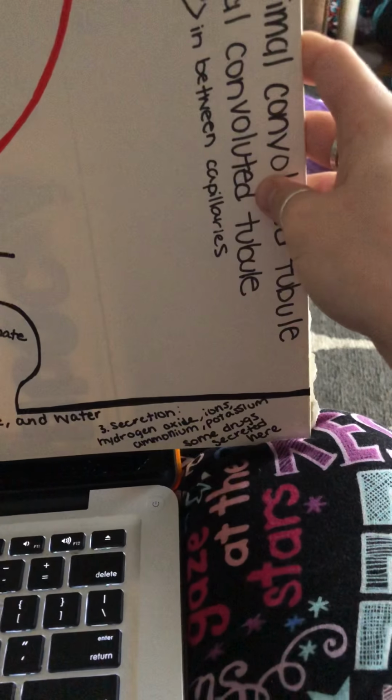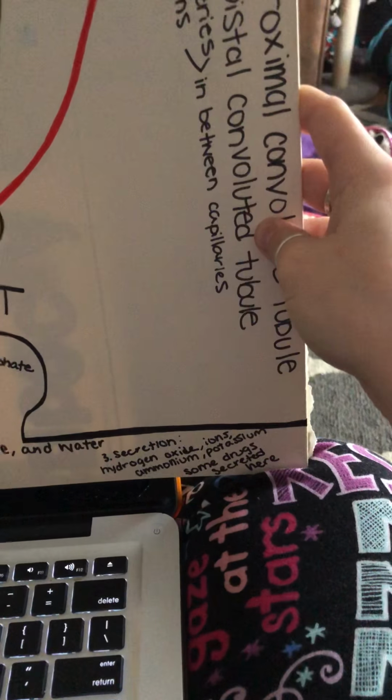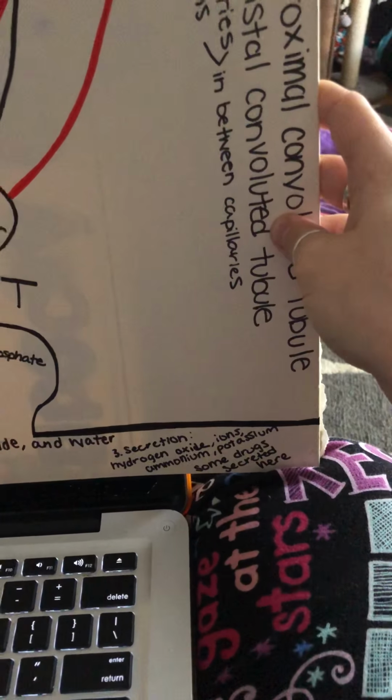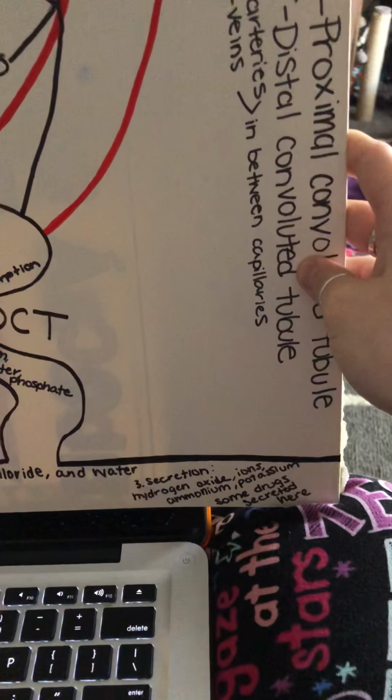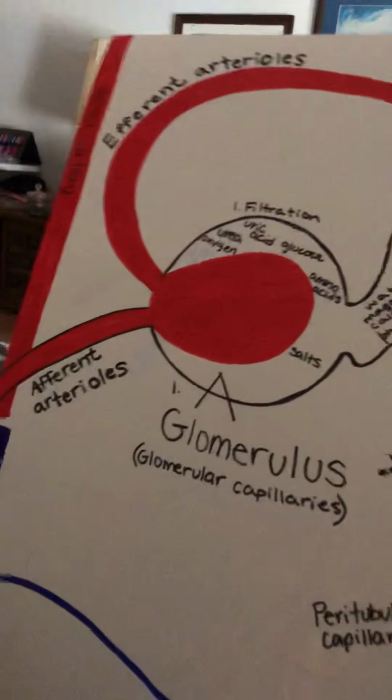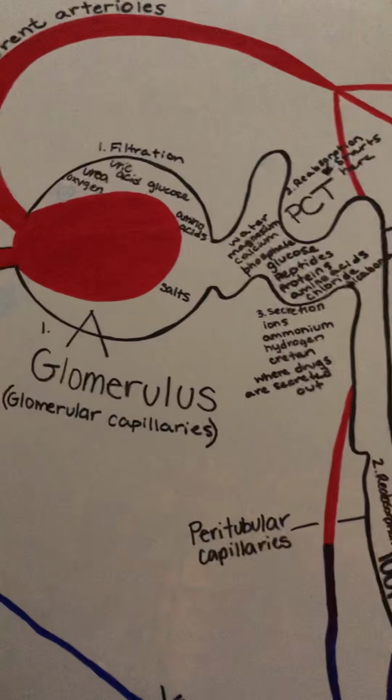Some things that are secreted here: ions, ammonium, potassium, hydrogen oxide, and some drugs are also secreted here.